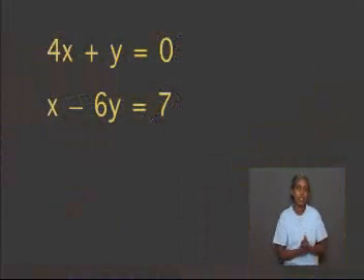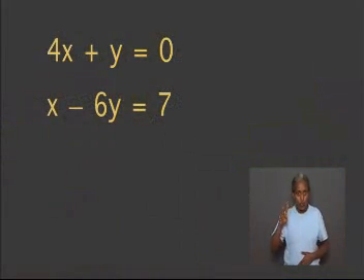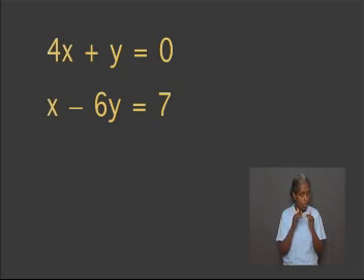Students, it might be easier to understand Cramer's rule by using actual equations with real constants. First, you will try to solve a system of equations with only two variables. Please take down these equations and solve the system. 4x plus y equals 0, and x minus 6y equals 7.